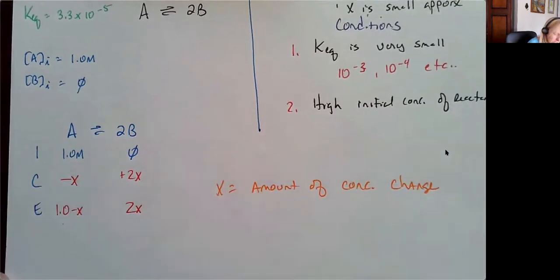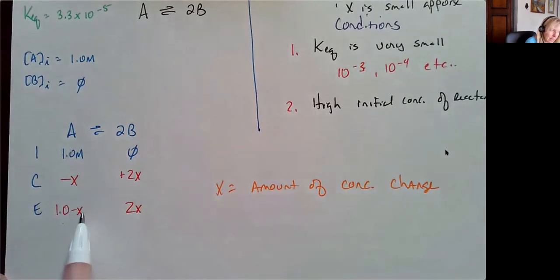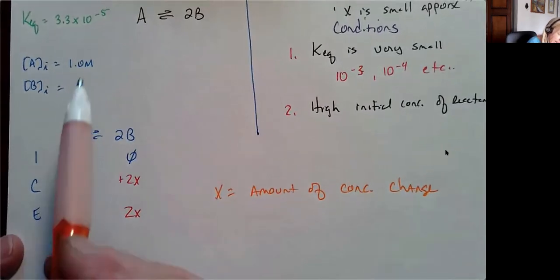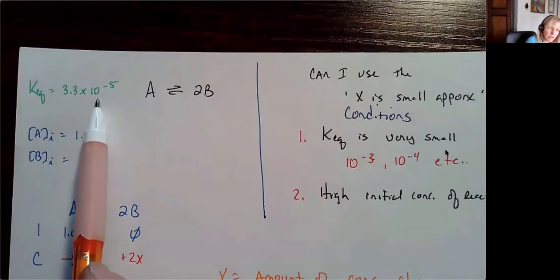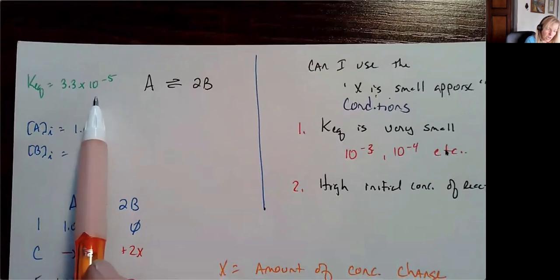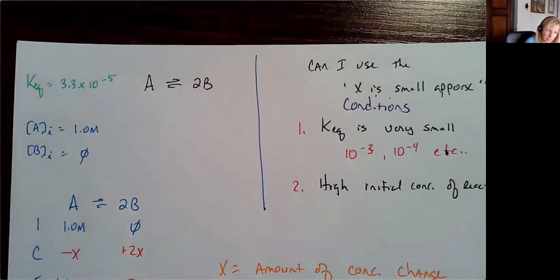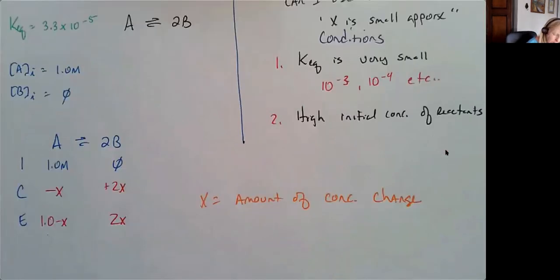That's how much of A is going to be converted into B. If A is really high in concentration, I'm probably not even going to appreciably, within significant figures, see this change in x. And so if this and this are on the order of 10 to the 3 apart, then I can use my X is small approximation. If I'm not sure, I'll use it and then I'll go back and check.